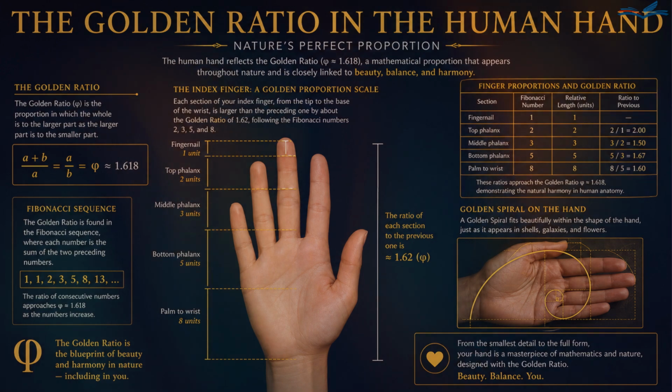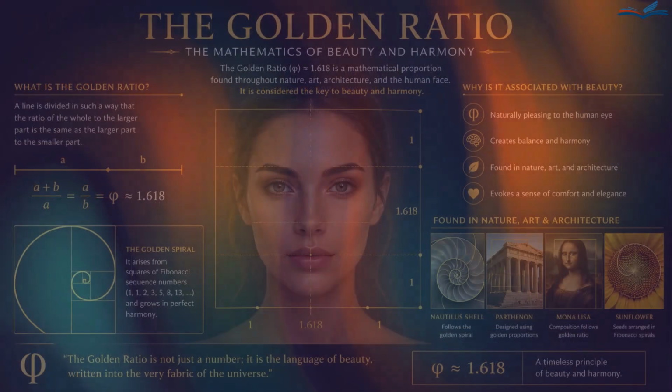Then look at the proportions of your index finger. Each section of your index finger, from the tip to the base of the wrist, is larger than the preceding one by about the Fibonacci ratio of 1.62, also fitting the Fibonacci numbers 2, 3, 5, and 8. By this scale, your fingernail is 1 unit in length.